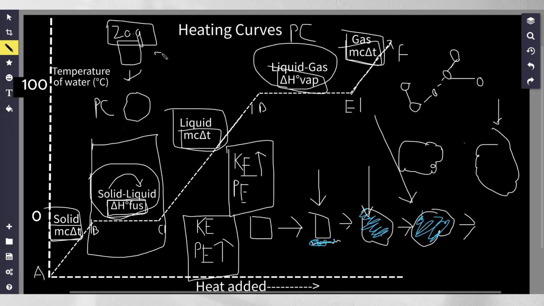Why? We're going from a solid to a liquid, so we're trying to undergo a phase change. This is the segment of the graph where the solid is undergoing a phase change into a liquid, and therefore we would use the formula that is underneath this.